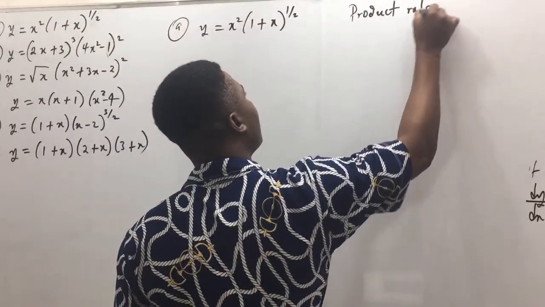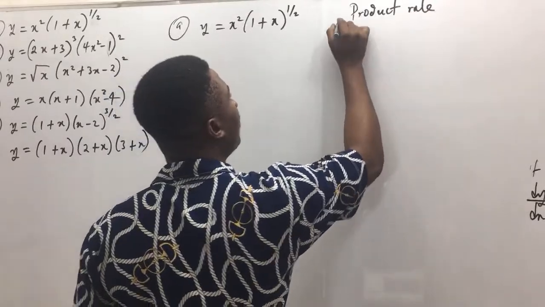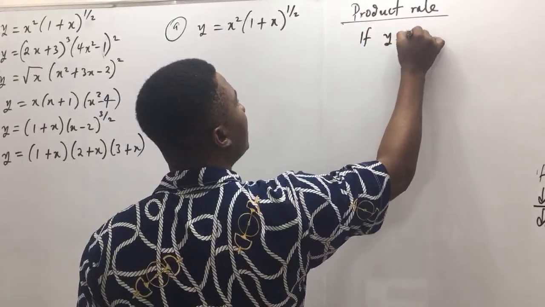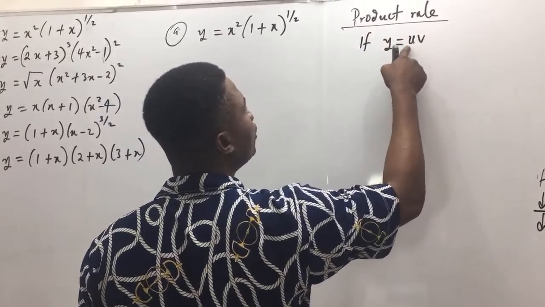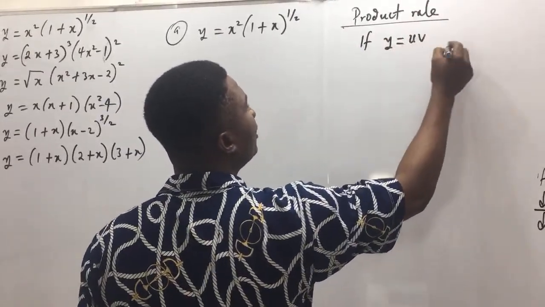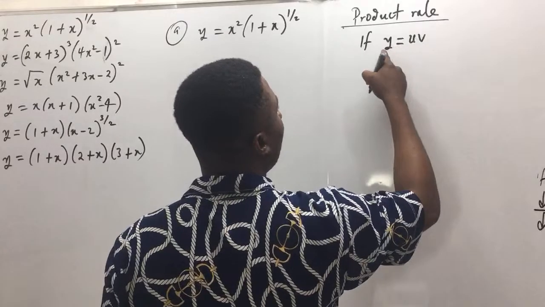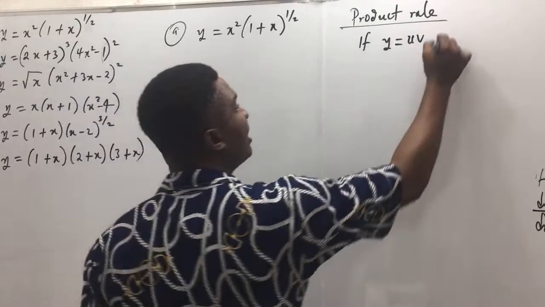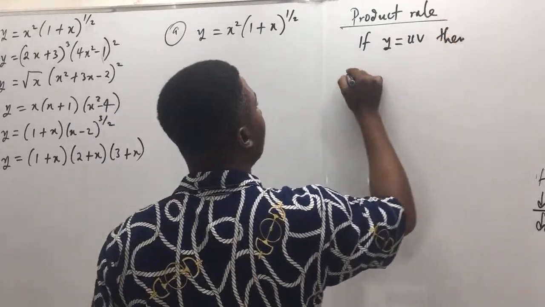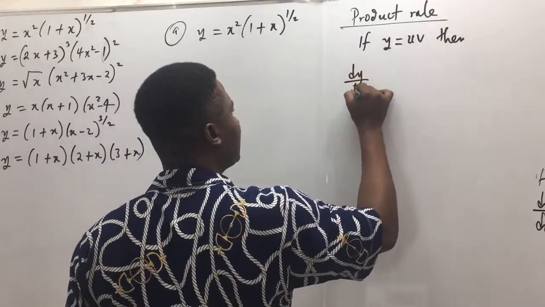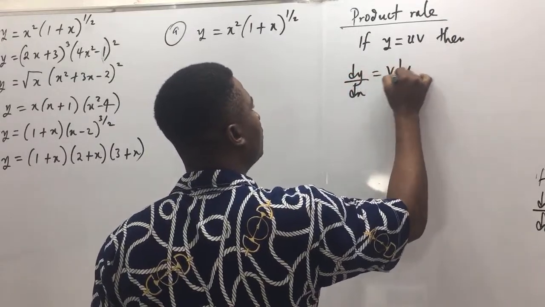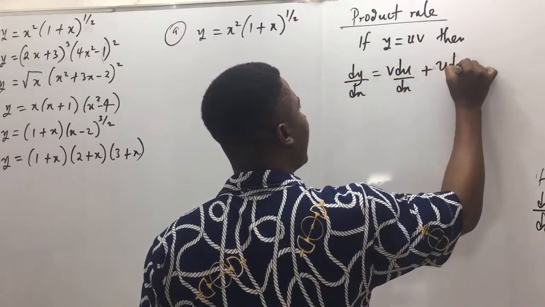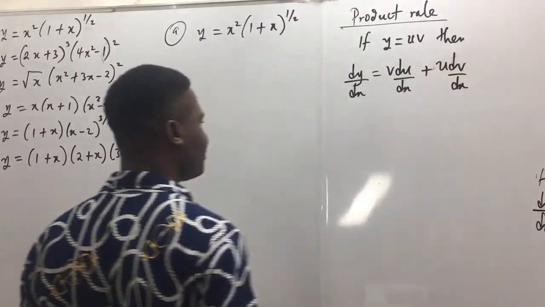Product rule, and for product rule, please take note, if a function y can be expressed as a product of two functions u and v, such that y, u, and v are all dependent on an independent variable, say x in this case, then dy dx will be equal to v du dx plus u dv dx.